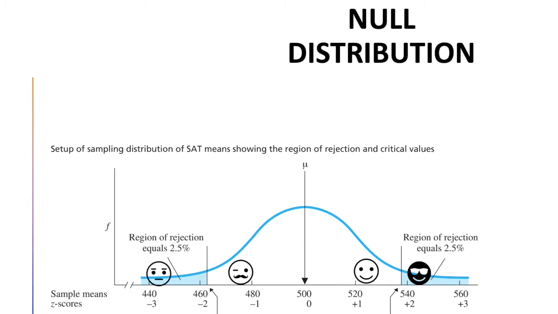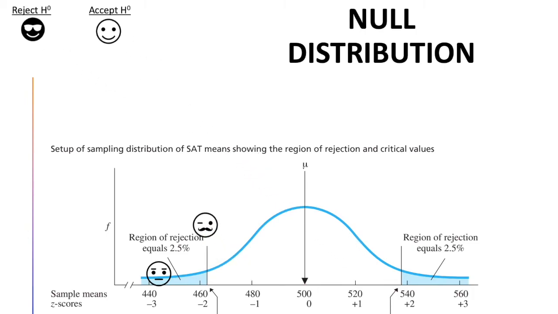Same here. This is super unlikely to belong here, so we reject the null and support our alternative hypothesis. If it falls in that region of rejection or not, we either accept or reject the null. Reject, accept, accept, reject. We've seen this slide now thrice.